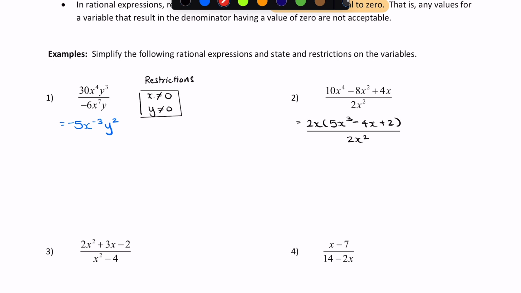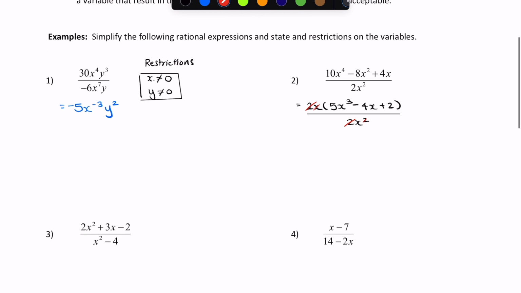Here, we can cancel out the 2x from the top and the bottom, and we'll be left with 5x cubed minus 4x plus 2 divided by x.